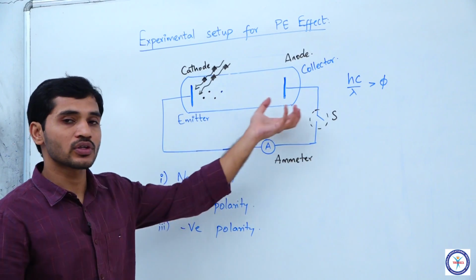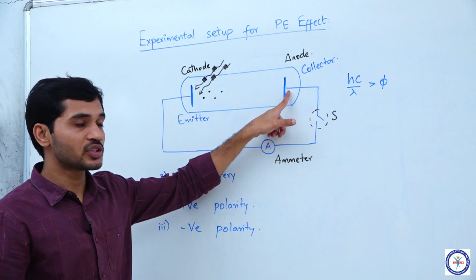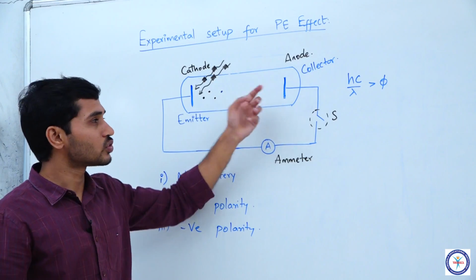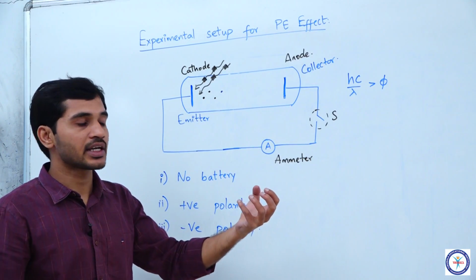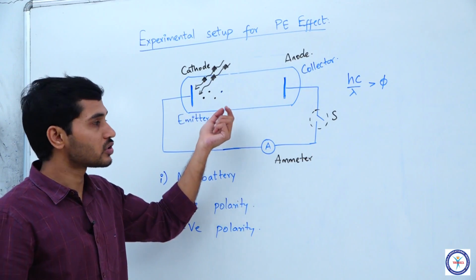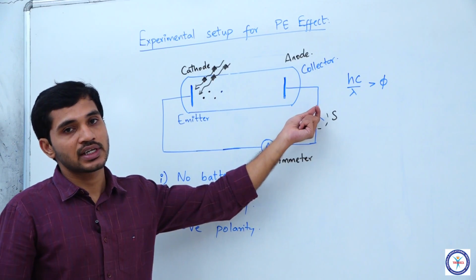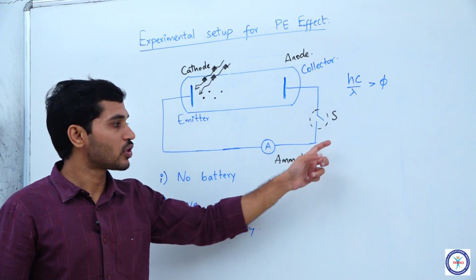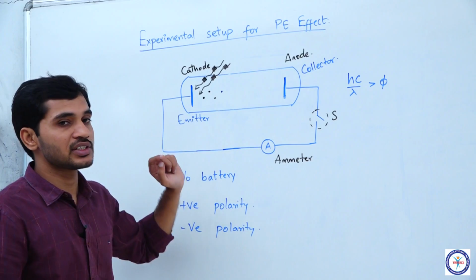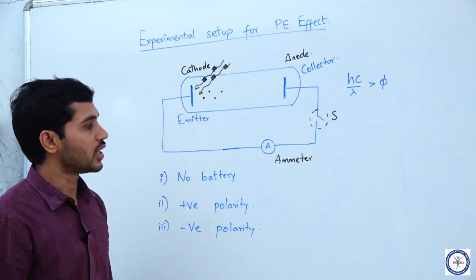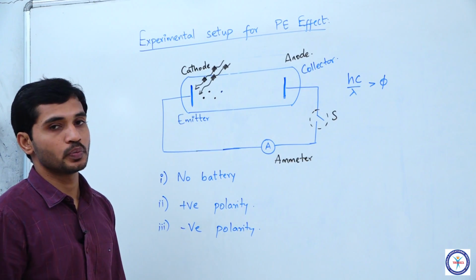Not all electrons will manage to reach this collector, only those with sufficiently high kinetic energy, and only because of them we see a current established in this loop.